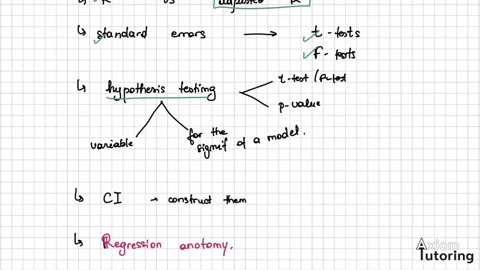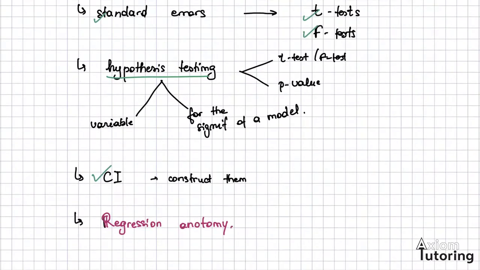We've seen how we can construct confidence intervals, which kind of sums up all the details and all the mechanics, everything that you can use out of an OLS regression. There are still a few other things that we need to dive into.